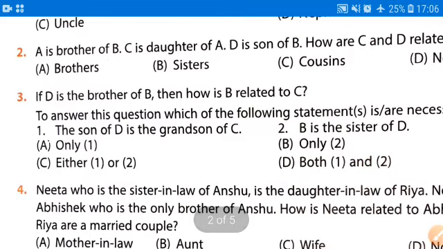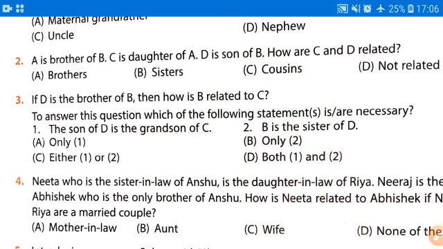Now coming to question number 3. If D is a brother of B, then how is B related to C? To answer this question, which of the following statements is or are necessary? We have to find out from the following two statements which is necessary.